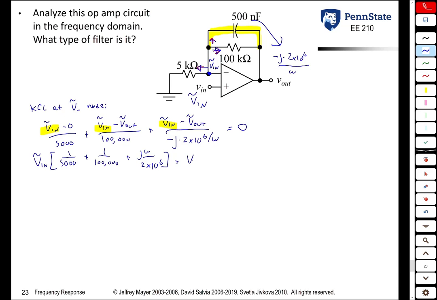That equals Vout phasor times 1 over 100,000 plus j omega over 2 times 10 to the 6th. That is this term and this term. And remember, we utilize the fact that 1 over j equals negative j, or 1 over negative j equals positive j.